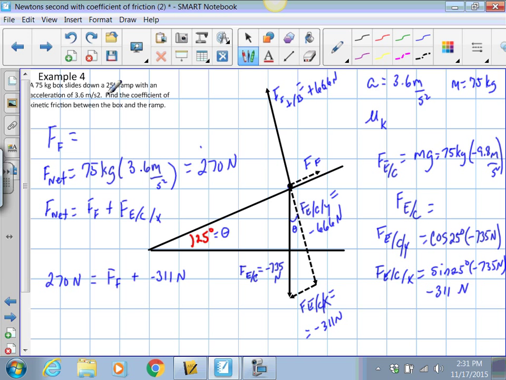Okay, the way I've set this up follows from gravity being negative. I'm setting this as my negative, this as my positive end of the ramp. So that means that this 270 is negative. So the force of friction is equal to a positive 40. 41. It is 41. I was using 310. So 41 newtons.